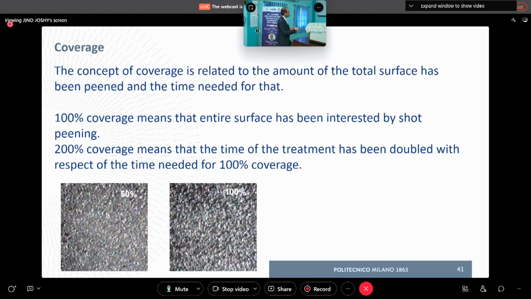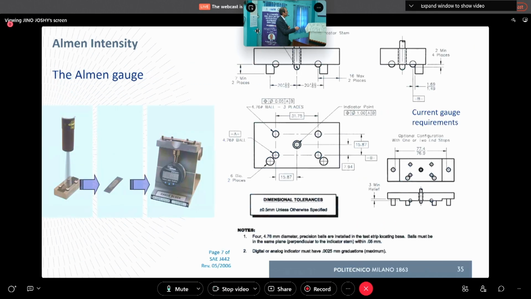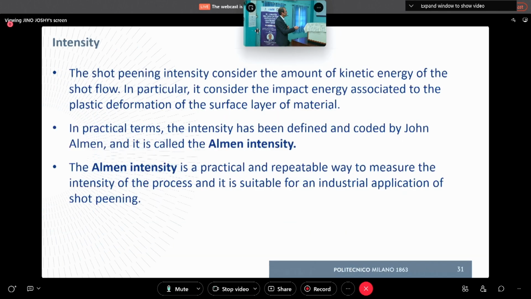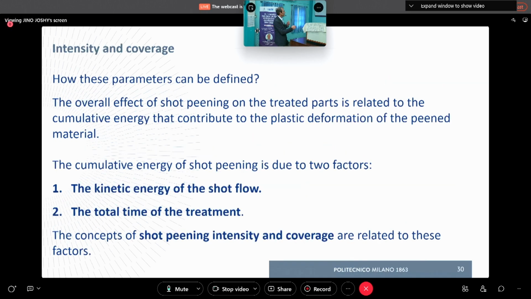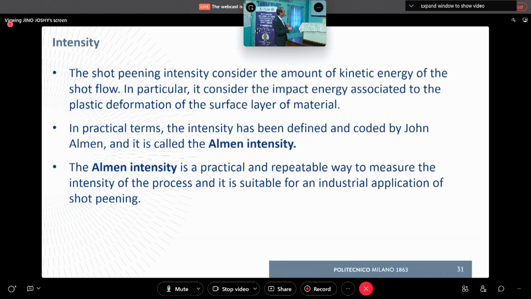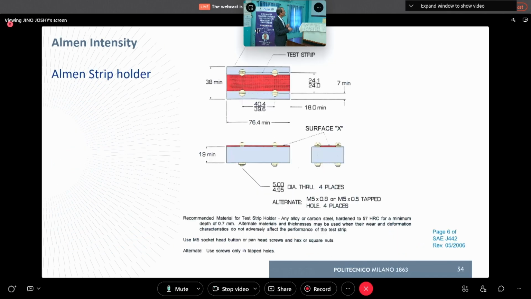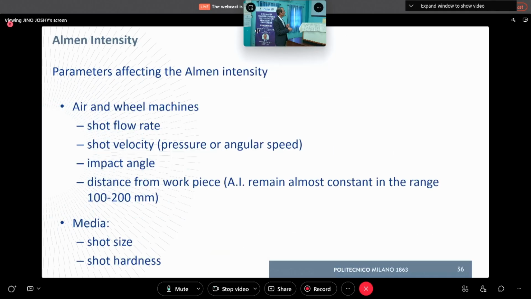We said, I go back a bit, that if we are referring to something that is related somehow to the cumulative energy of the treatment, we have two factors: the kinetic energy of the shot flow, and this is the Almen intensity, directly related to the kinetic energy; and the second is the total time of the treatment. Okay, and coverage refers to the total time.